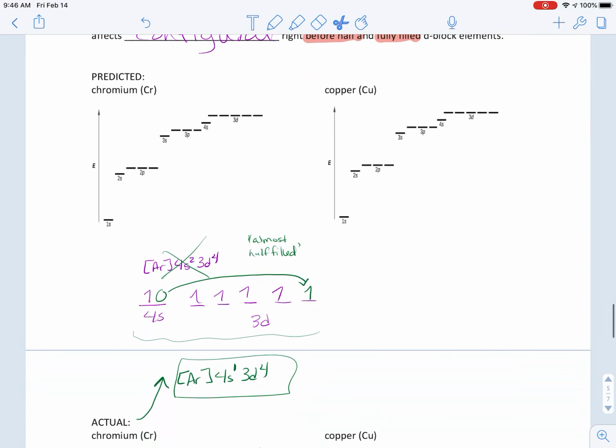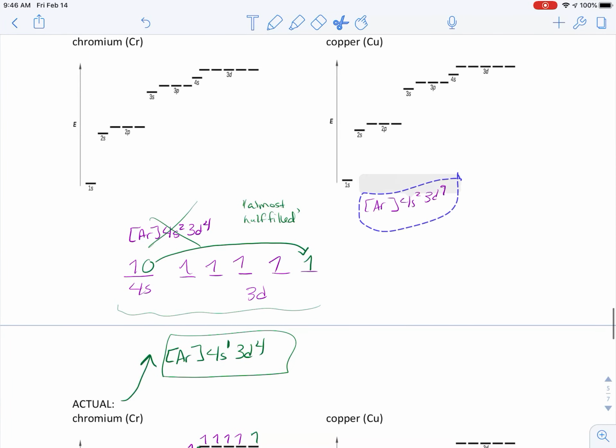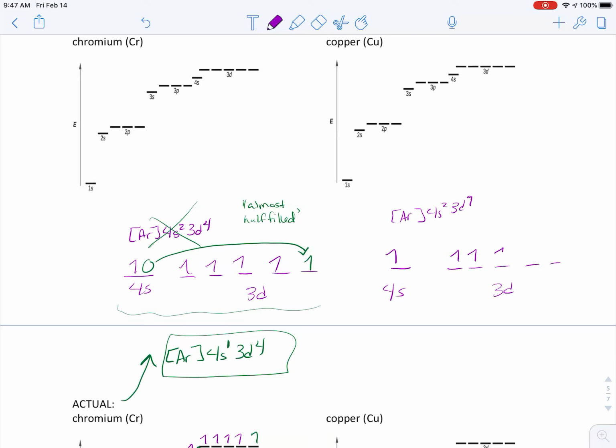I bring it down to here. This is what you would expect again, but it's not what happens. So here's our 4s part of it. And there would have been an electron here, but he got bumped up over to here.